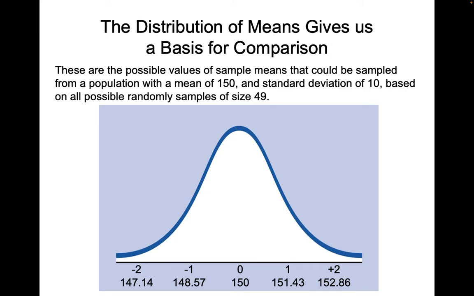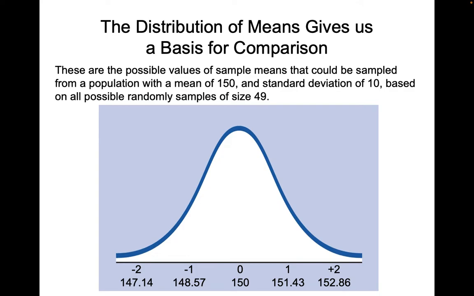So this essentially gives us the range of means that we could expect from any random sample of 49 people. What we can see is that the thing we would expect to happen most often is that if we sample from a population with a mean of 150, most of our sample means would be 150.